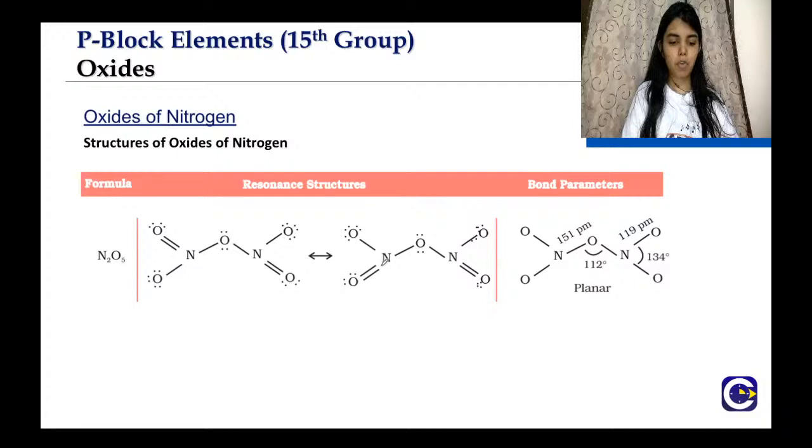We have done chemical bonding in 11th class itself.